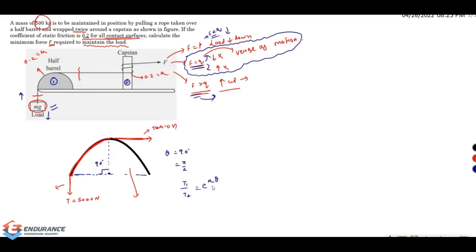But the problem with this question is, what is my tight side and what is my slack side? Tight side means tension T1 has to be greater than T2. Finding the tight side and slack side in this particular question is a bit trickier, and that depends on these three cases.